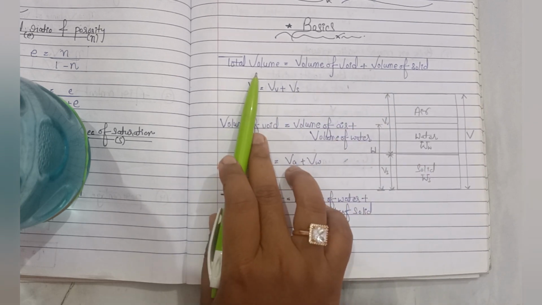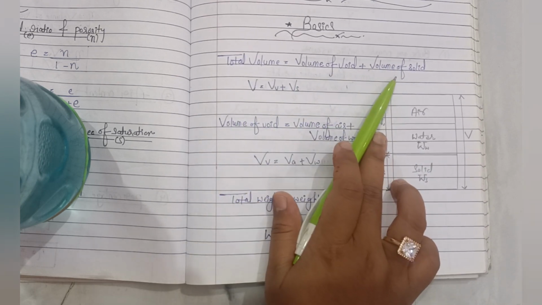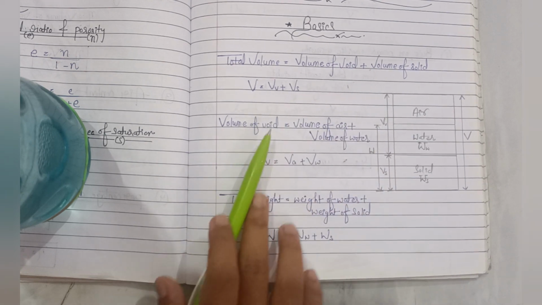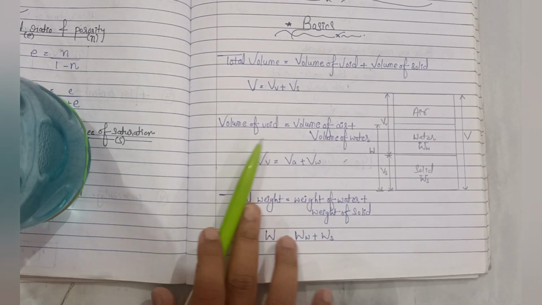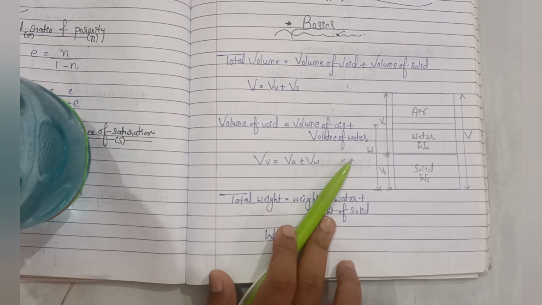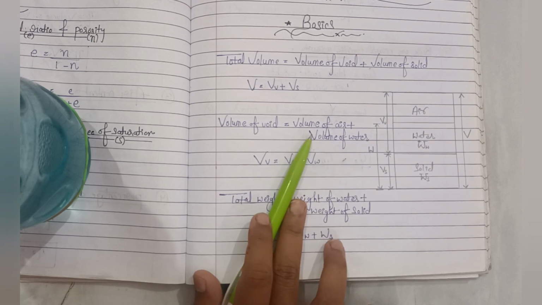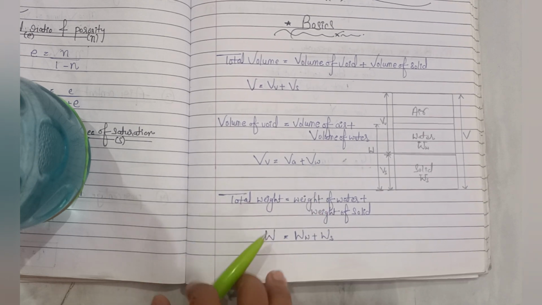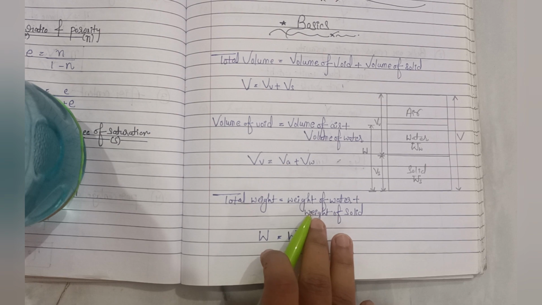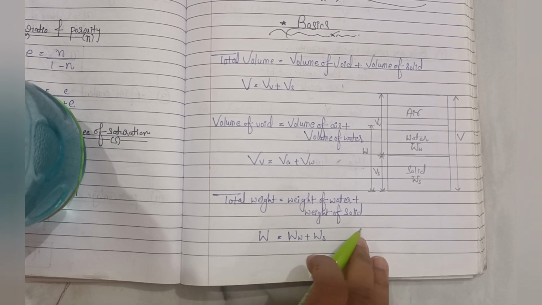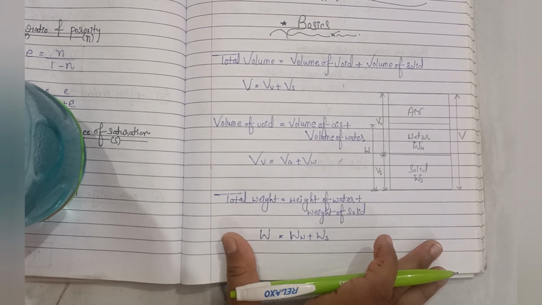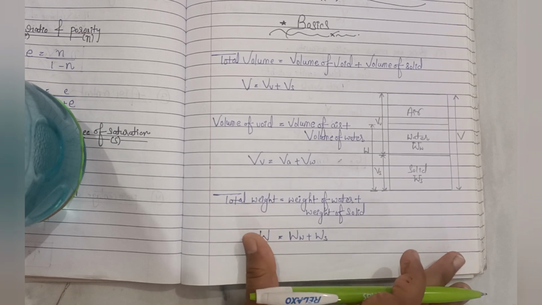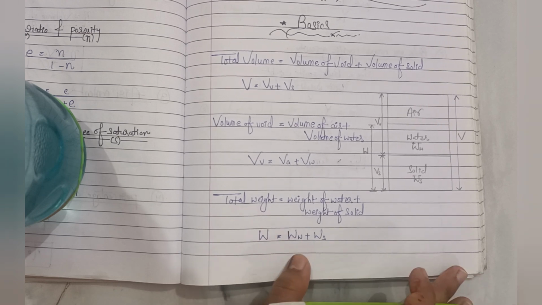Your volume of void is the summation of volume of air plus volume of water. Air has its volume, so volume of air plus volume of water will be your volume of void. Next, weight is equal to weight of water plus weight of solid. Now you understand what is volume of void, volume of solid, volume of air, and weight of water and weight of solid.